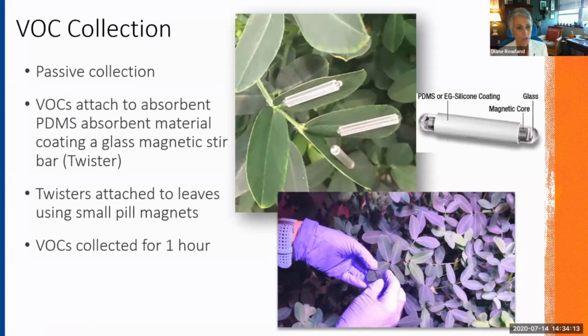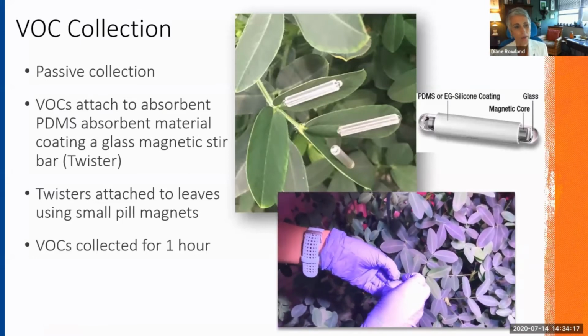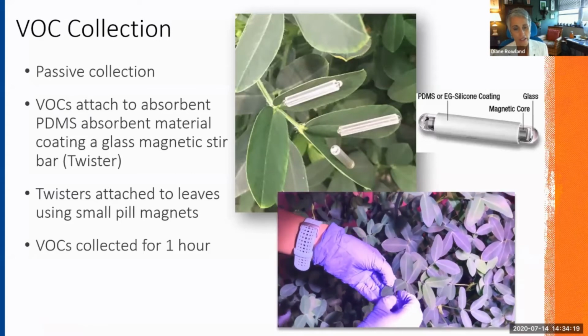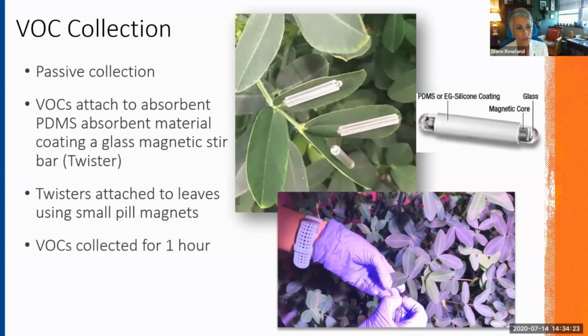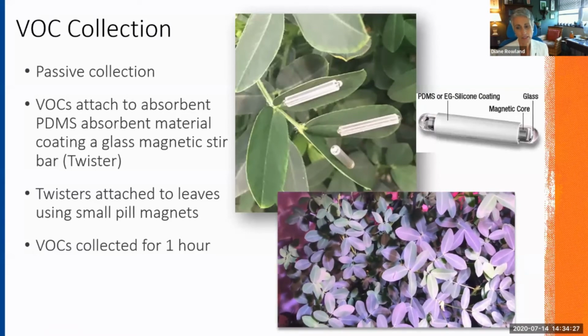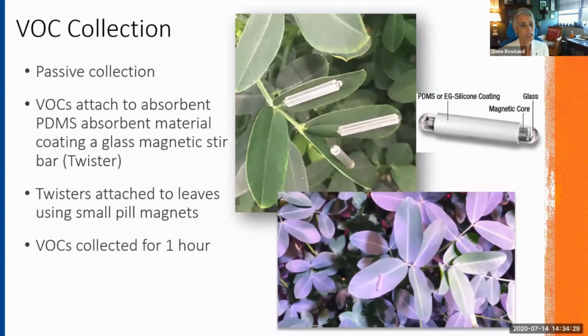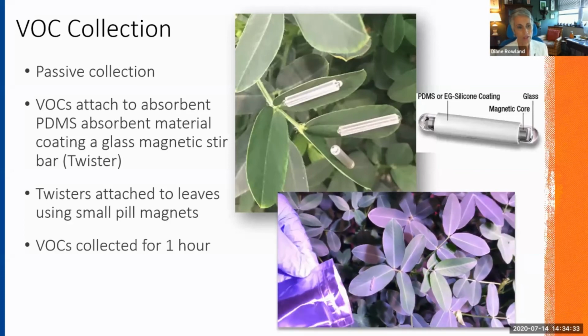We also took VOC collections, and this is a system designed by the team at Georgia Tech. They used absorbent material, basically called twisters, and so these were placed on leaves using a small magnet underneath, and so it collected and absorbed the VOCs that were coming off of the leaves. In this case, we collected for an hour in this experiment, but we've been testing various ranges of time for VOC collection.